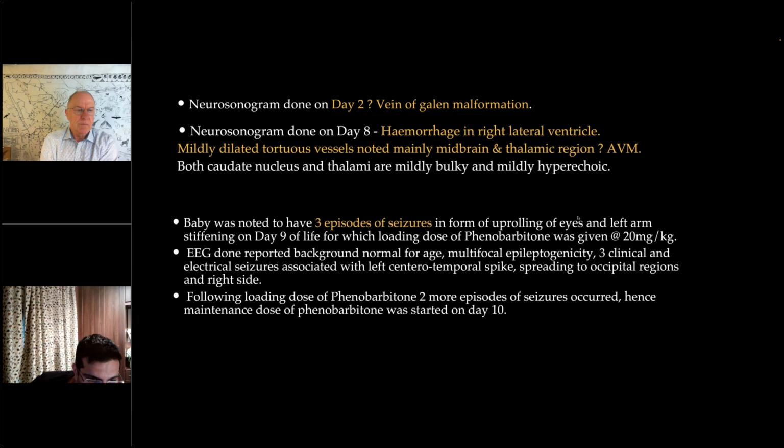Baby was noted to have 3 episodes of seizures in the form of uprolling of eyes and left arm stiffening on day 9 of life, for which a loading dose of phenobarbital was given at 20 mg per kg. EEG was done. Reported background normal for age, multifocal epileptogenicity, 3 clinical and electrical seizures associated with left centrotemporal spike, spreading to occipital regions and right side.